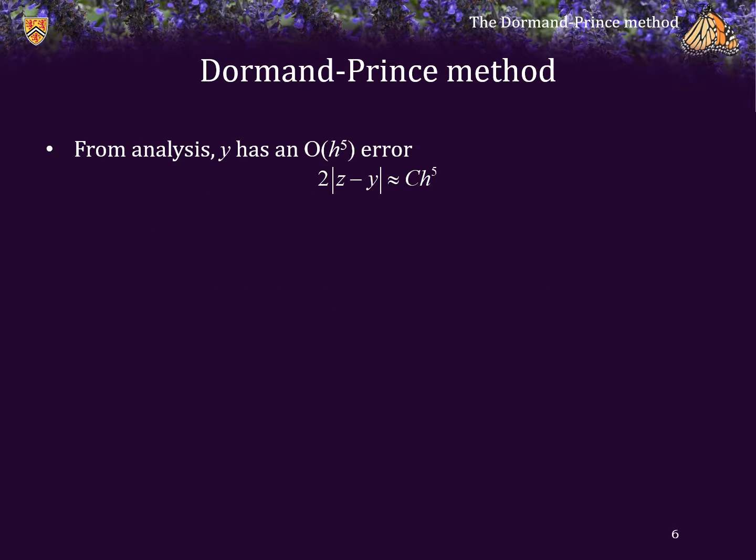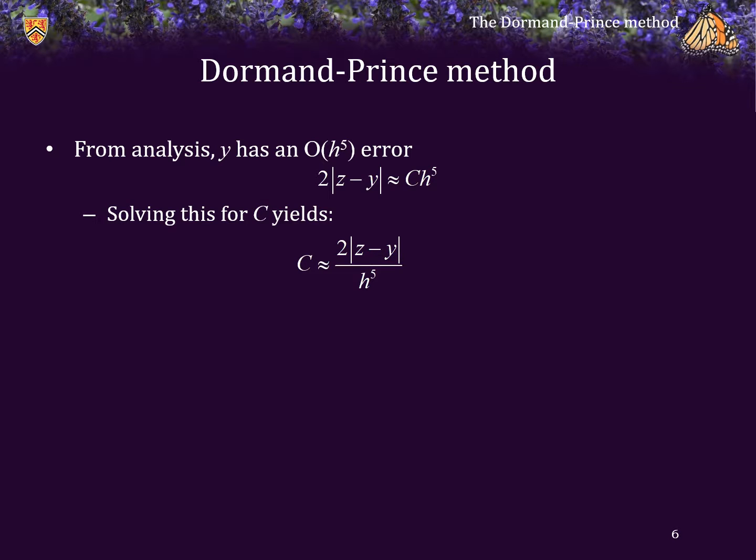Consequently, from mathematical analysis, we are told that y has a single step error that is order h to the 5. Therefore, twice the difference between z and y is approximately equal to some unknown coefficient times h to the 5. We don't know what it is, but fortunately we don't care.